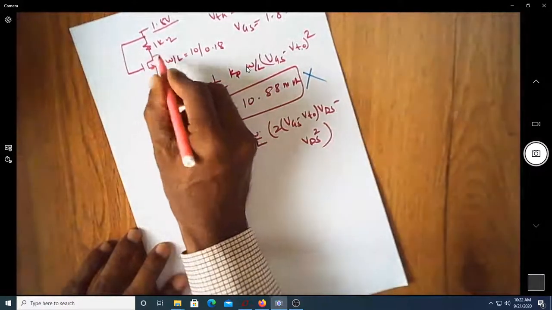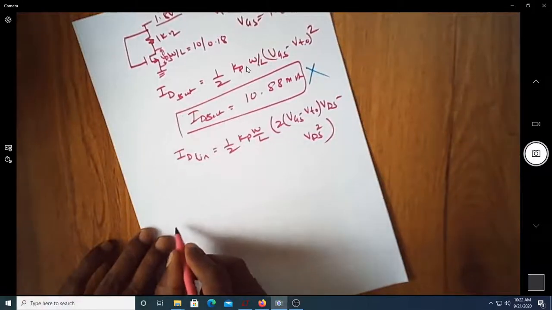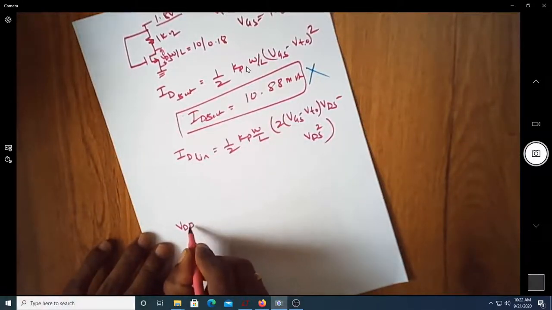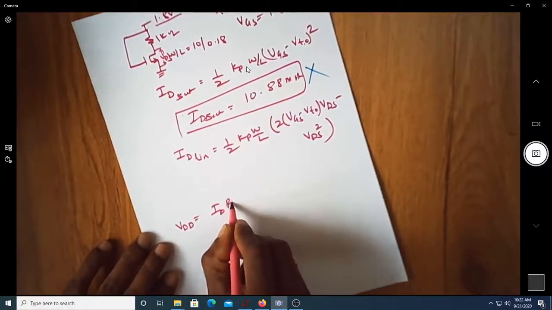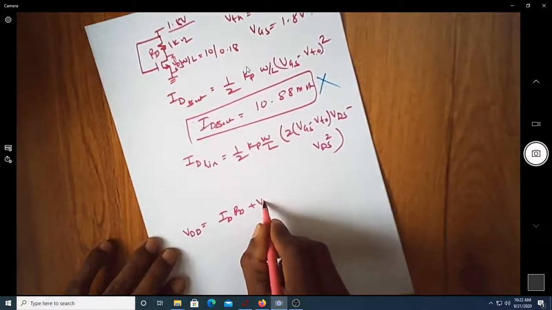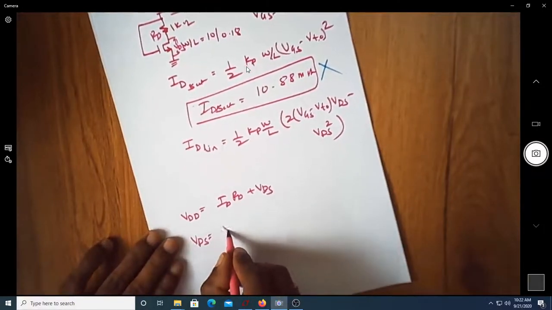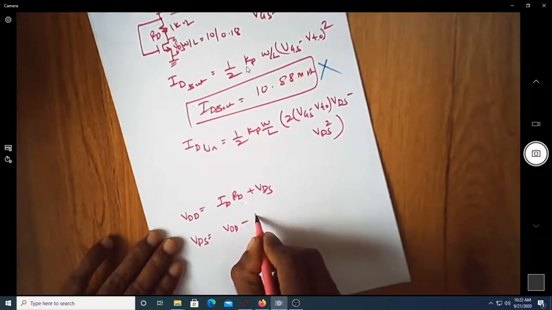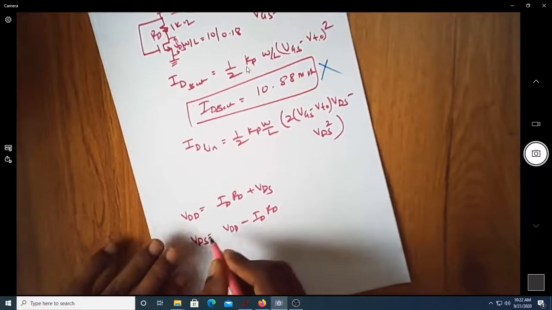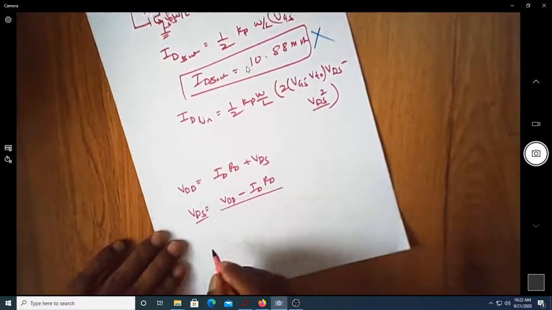VDS is the voltage between drain and source of this. Writing the KVL, we can write VDD is equal to ID into RD, of course let us name this RD, plus VDS. So naturally, VDS will be VDD minus ID into RD. Wherever VDS is there, let us replace it by this expression.